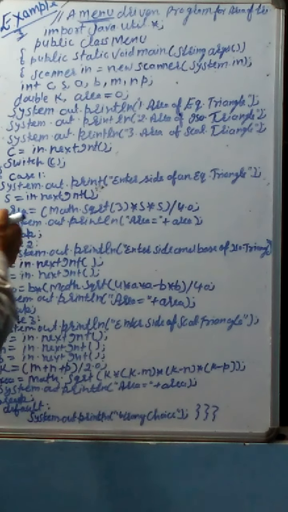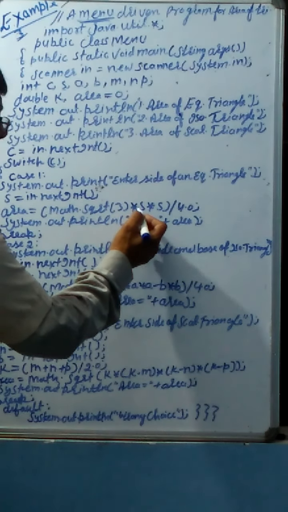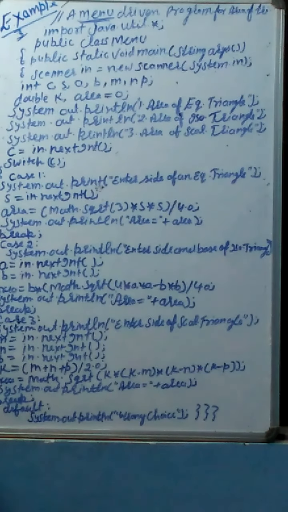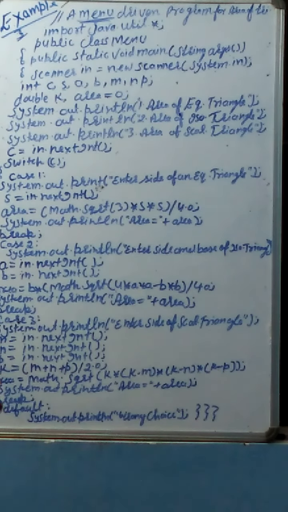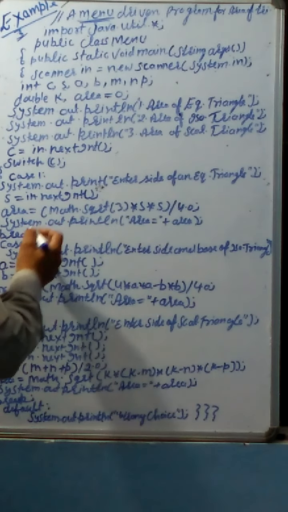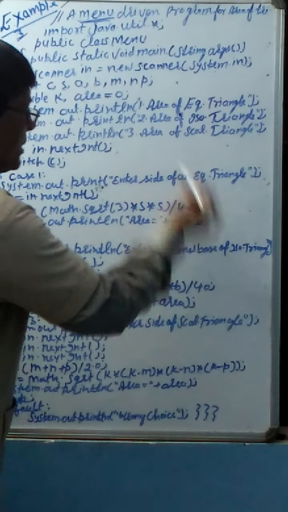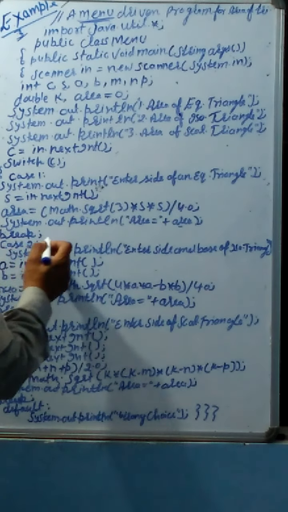We define area = Math.sqrt(3) * side * side / 4.0, because we have to define area in the double data type. Then it will print System.out.println("area is equal to " + area). This variable will be printed and the program will break.